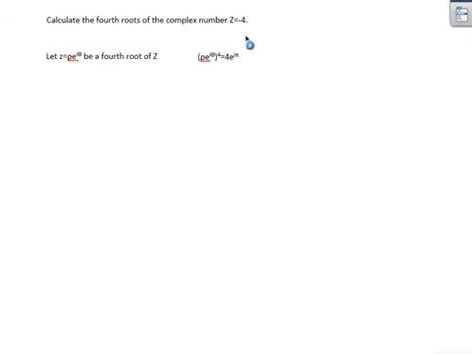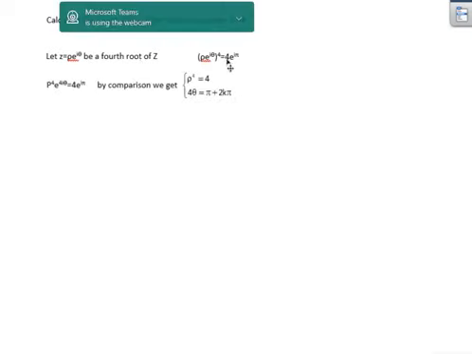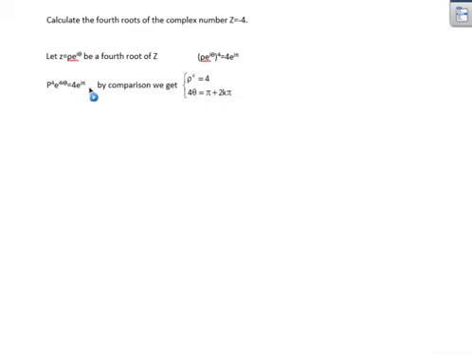Calculate the fourth roots of the complex number z equals minus 4. We write minus 4 in exponential form. We get 4e^(i pi). And we write the exponential form of z. By comparison, we get rho to the power 4 equals 4, and 4 theta is equal to pi plus 2k pi. And we get this.